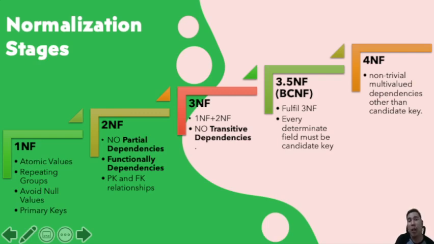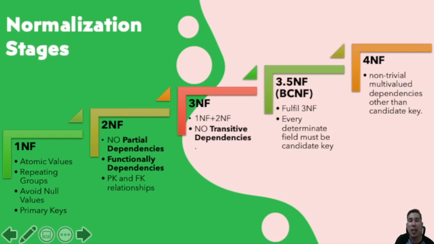And according to some books, if you're going to proceed above third normal form, you can have fourth normal form, which is there should be no non-trivial multi-valued dependencies other than our candidate key. But in between 4NF and 3NF, we have what we call Boyce-Codd normal form, or other books term it 3.5 NF.